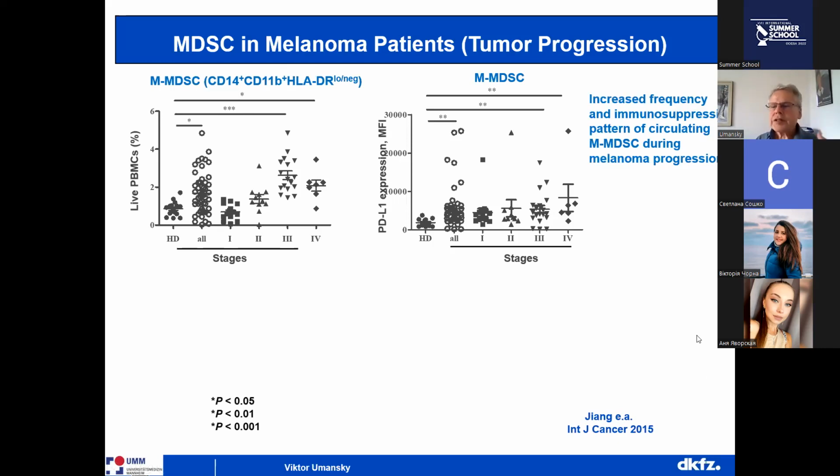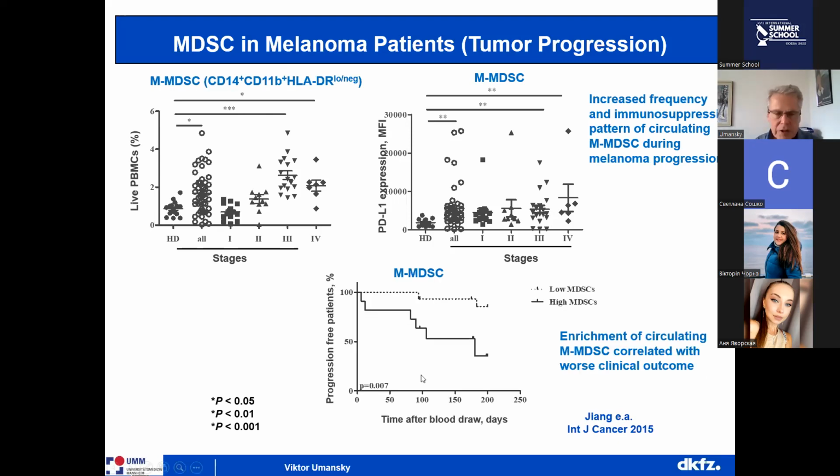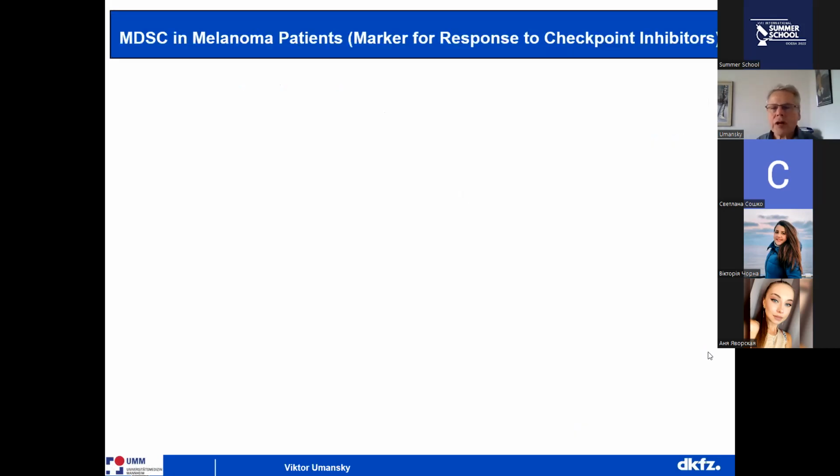So it means increased frequency and immunosuppressive pattern of circulating MDSC during melanoma progression. Moreover, patients having a low MDSC amount have a better clinical outcome, characterized, for example, by progression-free survival. So enrichment of circulating MDSC correlated with worse clinical outcome.